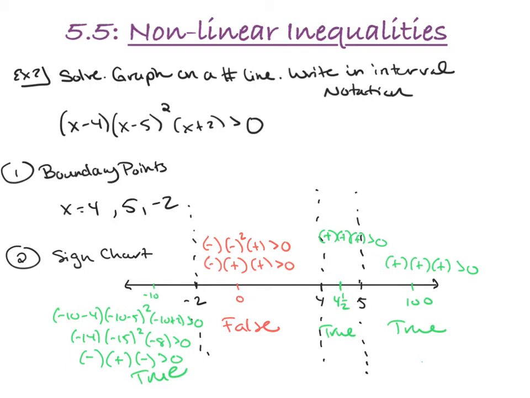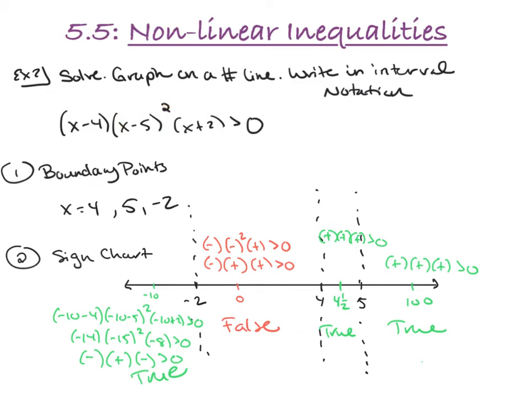Okay, an important thing to note about why it did not alternate on either side of the 5 from true back to false is that the x equals 5 boundary point came from the x minus 5 squared. It's because that factor is being squared.